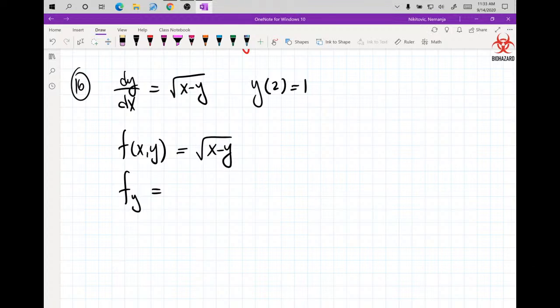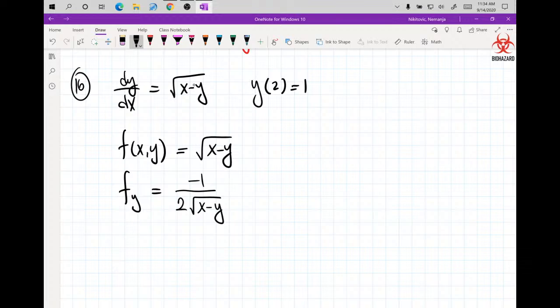So you take this derivative by saying that this is going to be 2 square root of x minus y, and then the derivative of the inside in respect to y goes on top, which is -1. So this is it.